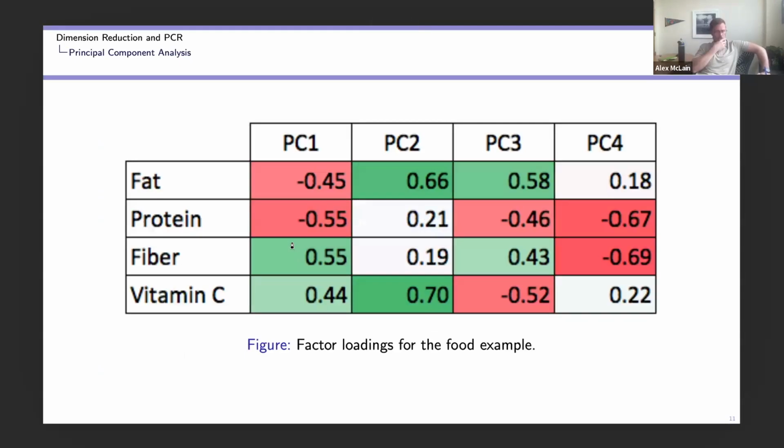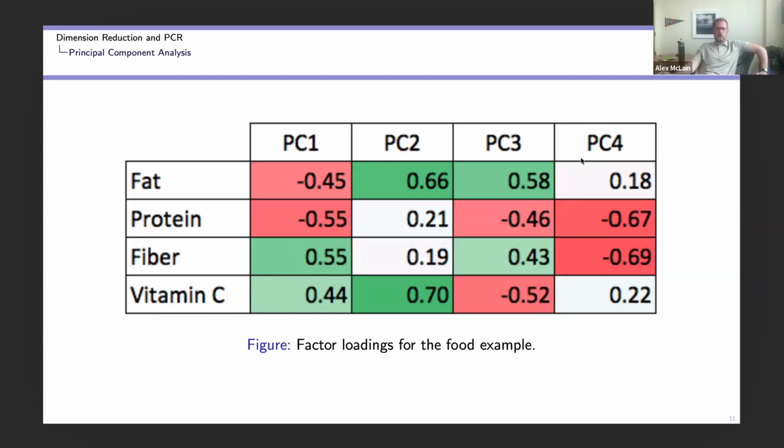So these are the loadings for the nutritional content data. Principal component 1, principal component 2, principal component 3, principal component 4. There are only 4 variables in this data set, so we can only make 4 principal components.